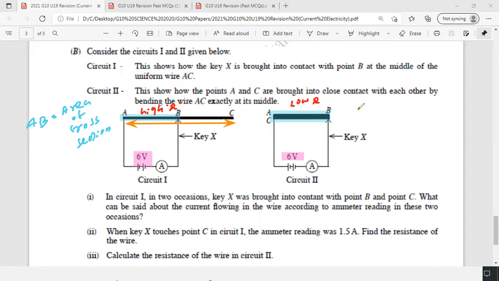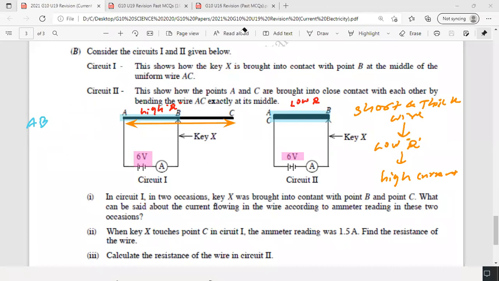Short thick wire, low resistance. Low resistance means what? High current. Low resistance means high current, a large current. And in the case of this one, a long thin wire, high resistance.